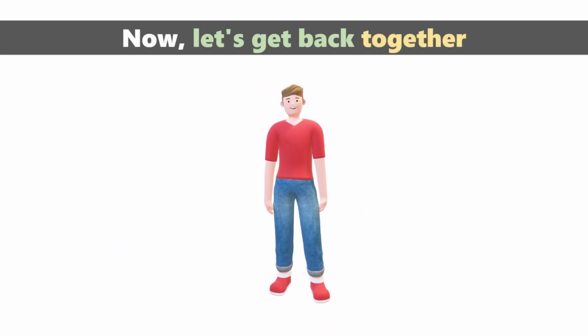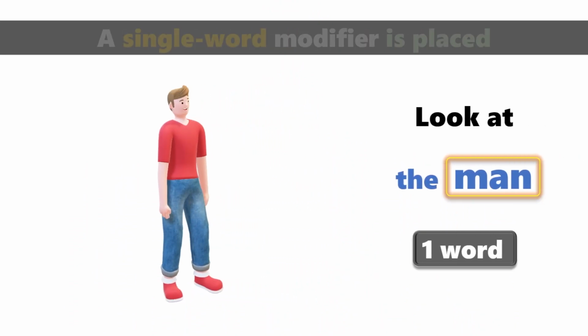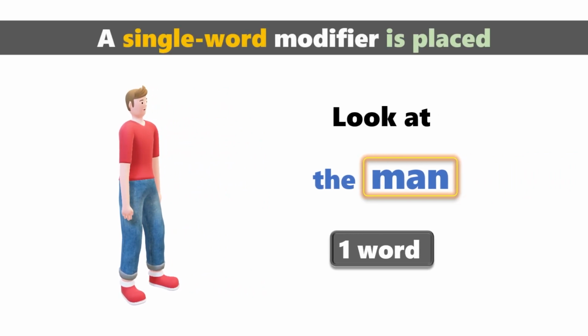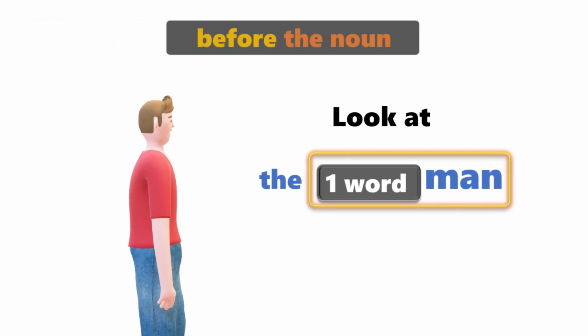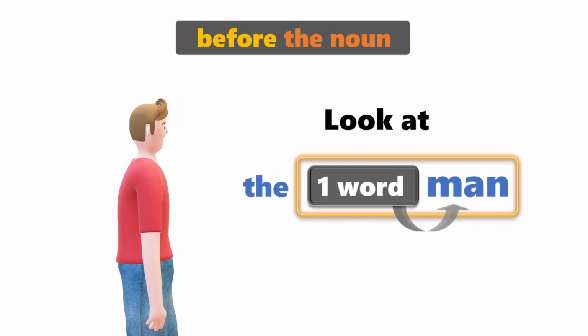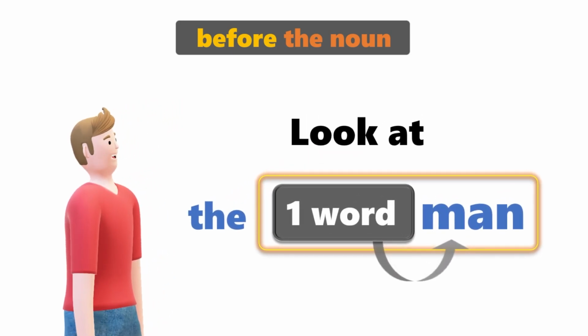Now, let's get back together. A single word modifier is placed before the noun, like, look at the one-word man.